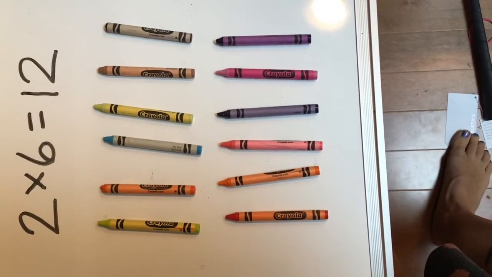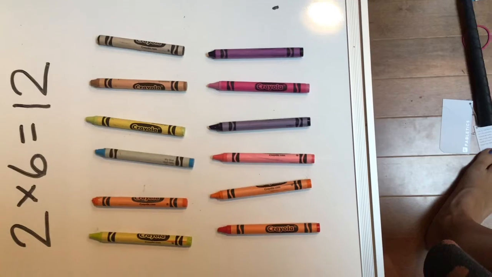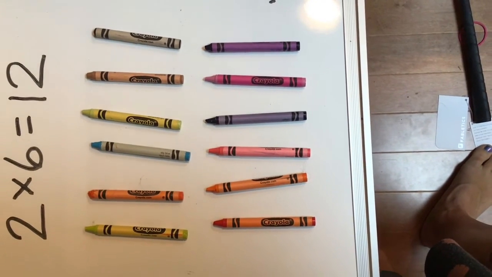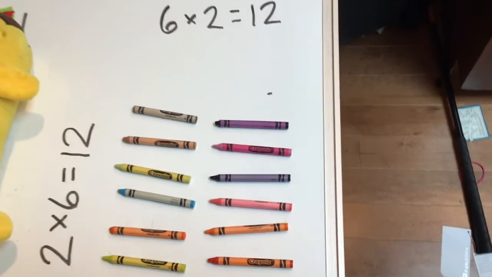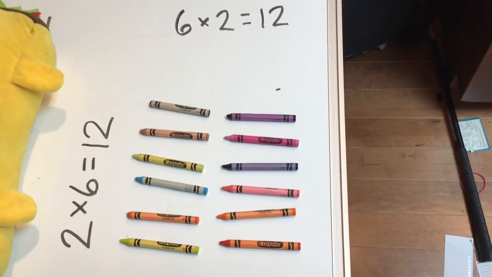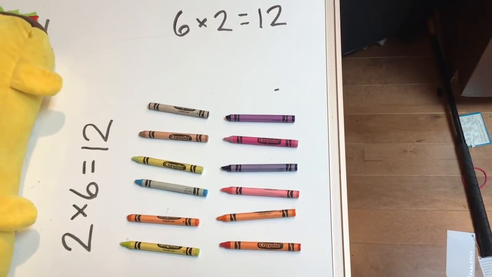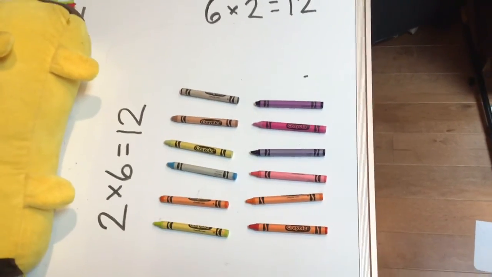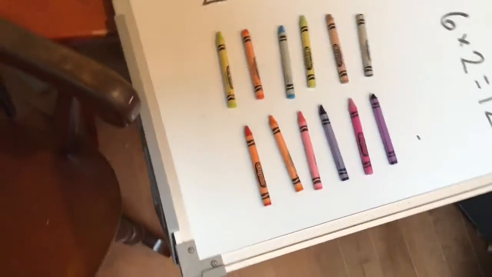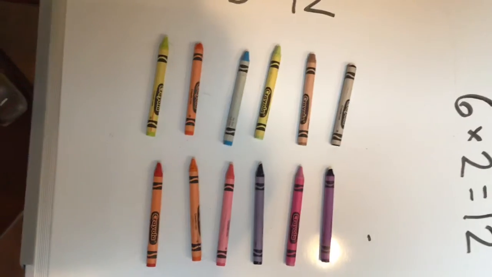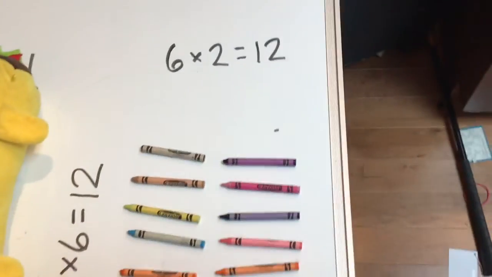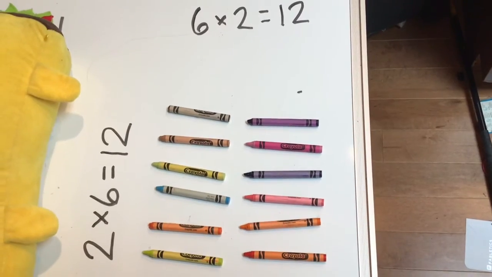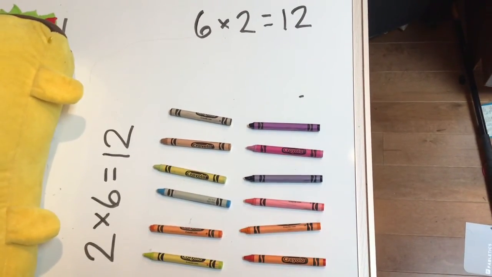I turned my camera, but now I don't have 2 rows of 6. I have 6 rows of 2, which also equals 12. So I have the same array, but if I look at it from different directions, it changes the equation slightly, but the product is still the same.